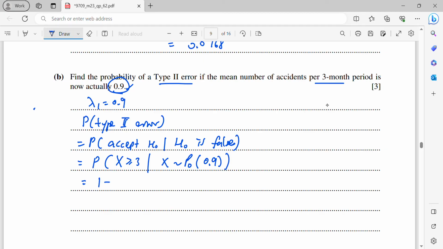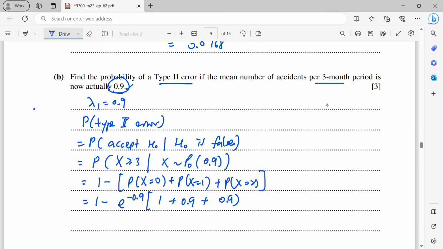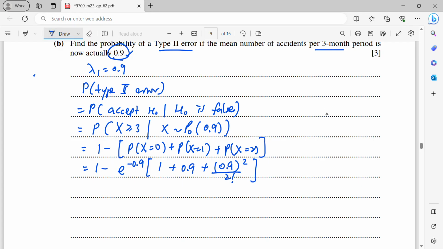Therefore, I will use 1 minus all the previous values, which is 0 until 2. So again use the same formula. It will be e to the negative 0.9, then the first term is 1, the second is 0.9, the third is 0.9 squared over 2 factorial. So now this is going to be 0.0629. That's the solution for part B.